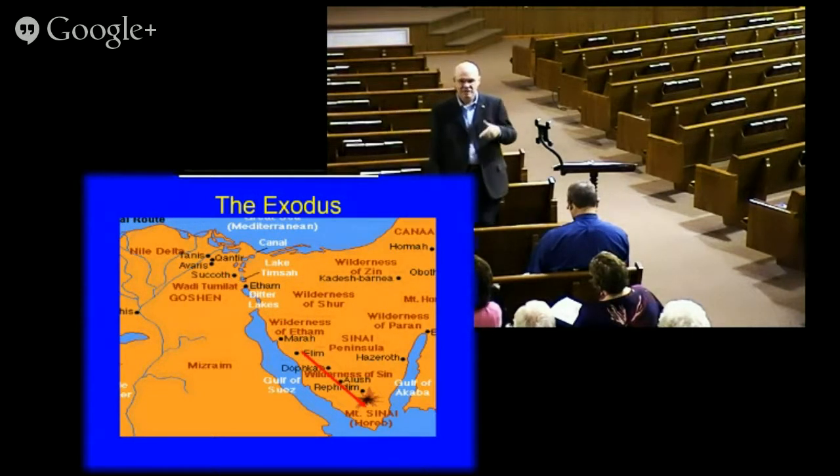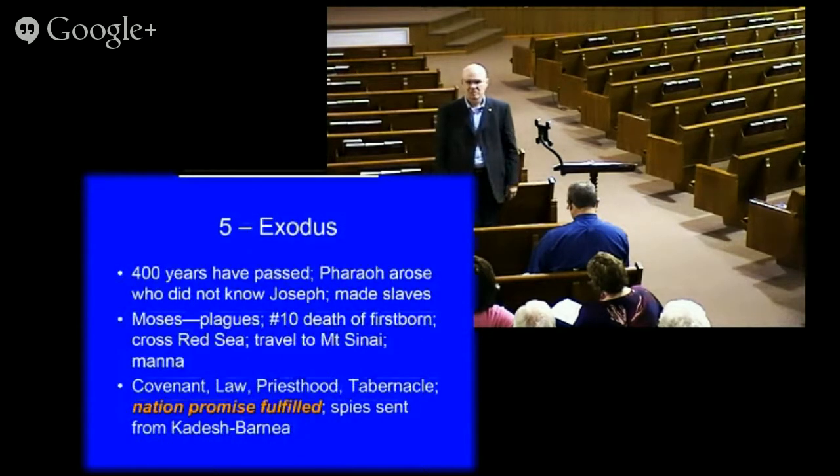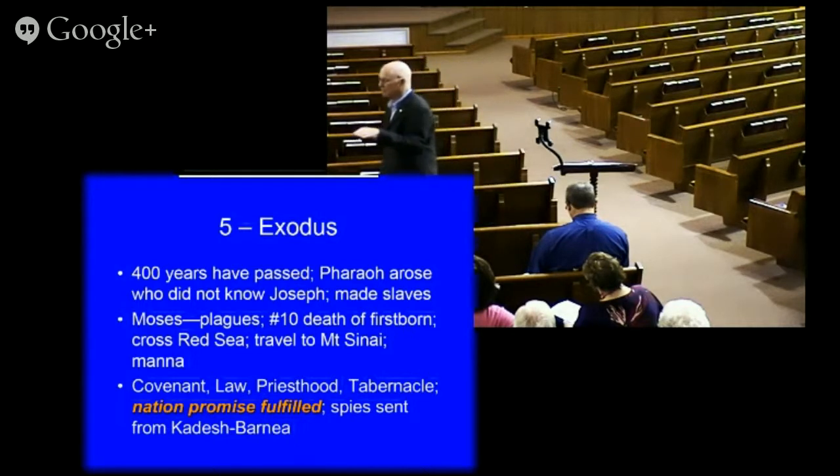And there we have a number of things that happen at Mount Sinai. These are 4 really important things: the covenant with God, the law given, the priesthood, and the tabernacle where the priests served. The special relationship with God, the law he gave them, the priesthood he set up, and the tabernacle where they served.